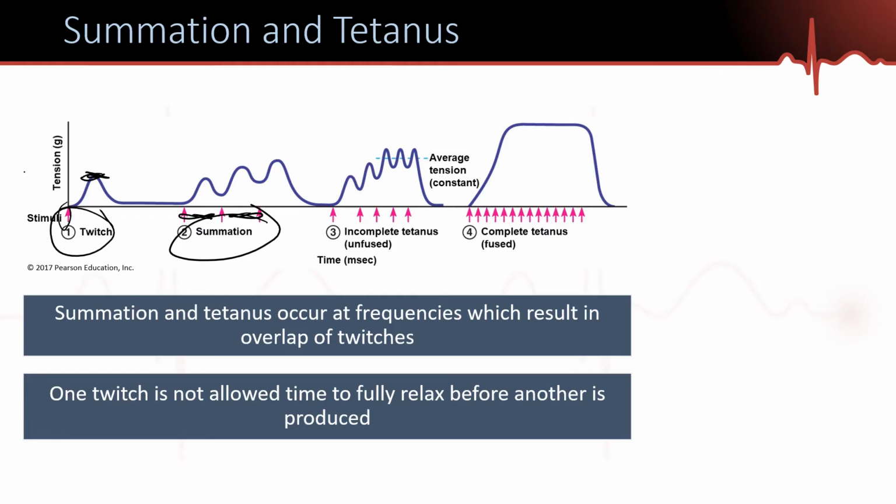But between the action potentials, the time interval is too long, and a lot of that calcium will begin to be reuptaken, and again you'll begin to see relaxation set in between the action potentials. So you really can never get to true tetanus, maximal force that's sustained.